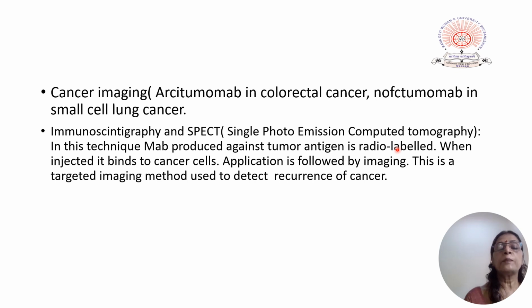The radiolabeled MAB is injected into the body of the patient. It binds to the particular cancer cell, and this is followed by imaging using SPECT and immunoscintigraphy. Then the location of the cancer cell can be detected in the body by this non-invasive method.